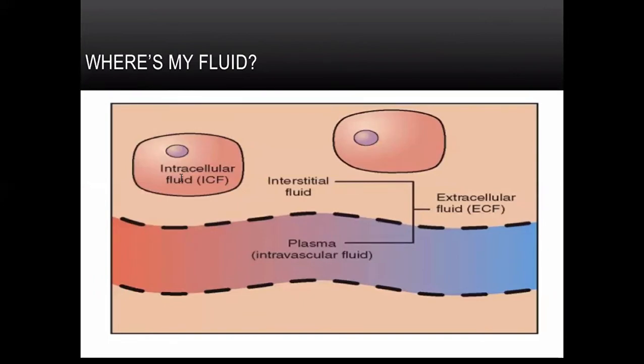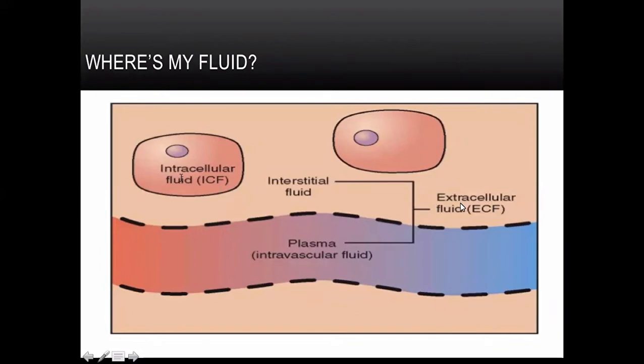Do you still remember it from your physiology? Okay, so we have 2 important fluid compartments in the body. We have the intracellular fluid and we have the extracellular fluid. So common sense, intracellular is within the cell, whereas extracellular is outside the cell.